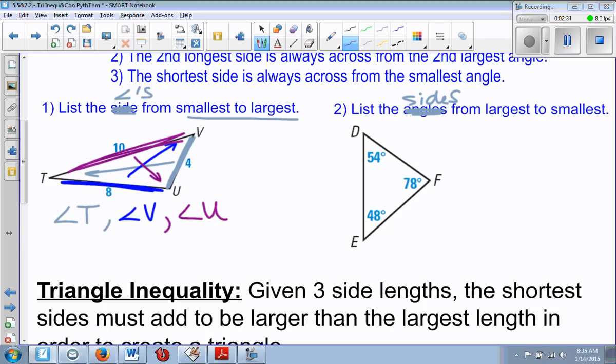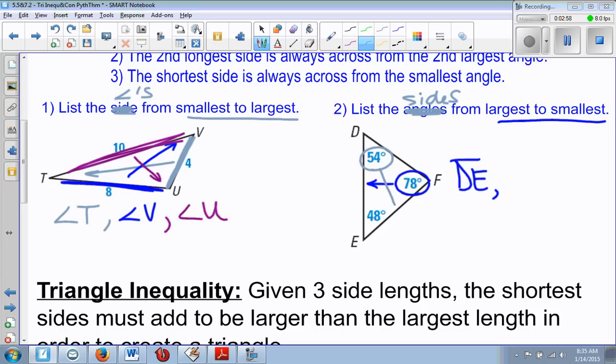You can do the exact same thing with angle measures and then tell which sides are the largest and which ones are the smallest. This one wants the largest side to the smallest side. Well, the largest side is going to be across from the largest angle. So the 78 is the largest. The side directly across will be the longest side. That side length is DE. Then we would go to the next largest angle, which is 54.